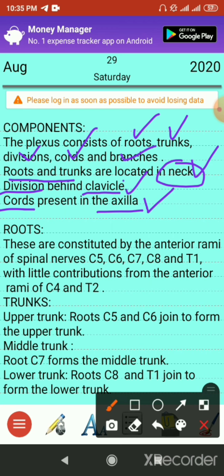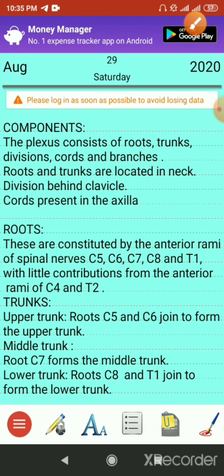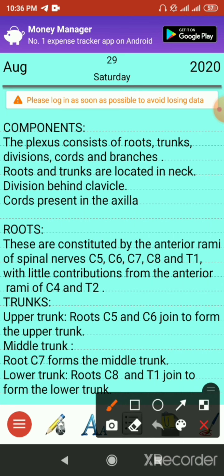Okay. So in the axilla, we can see the cords of the brachial plexus. We can remember these components of the brachial plexus by a mnemonic, that is, really tired and drink cold beer.